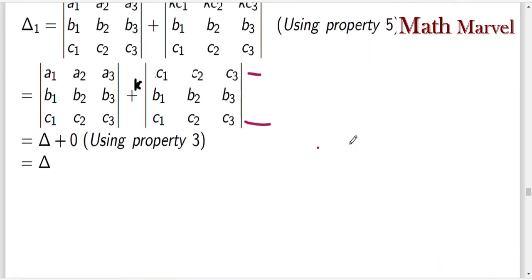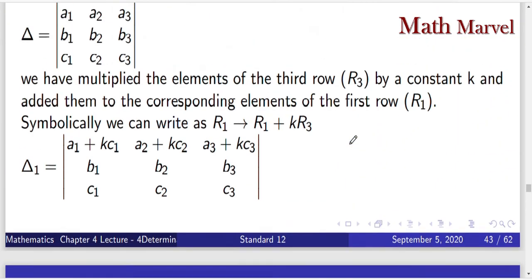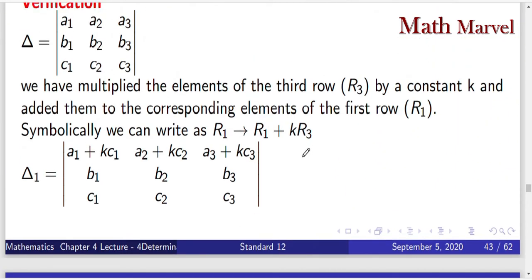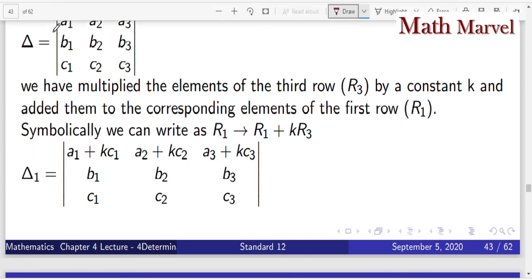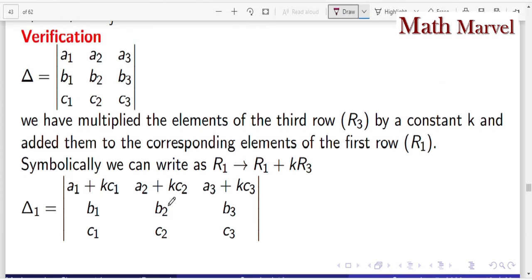In property number 6, in this operation, row 3 is multiplied by k and added to the first row. So here row 1 is affected. Previously the elements of row 1 are a1, a2, a3. After this operation, the elements of row 1 are a1 plus kc1, a2 plus kc2 and a3 plus kc3.